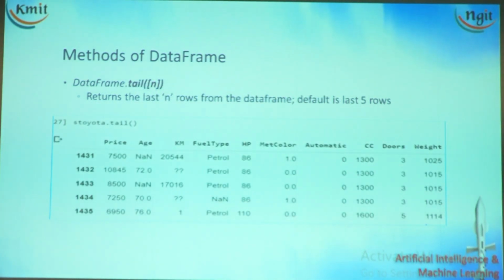Check for the tail. If you have seen the tail, now what is happening? Age has got null values. So age also needs my attention. So doors, then met color, then age, then kilometer has got question marks. So to pre-process, before I actually use this data and fit it into my model, I can't do that.